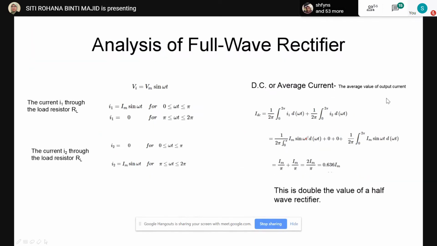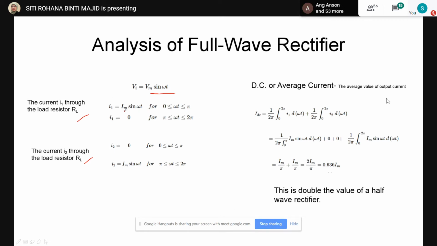We also can use simple mathematical analysis to discuss the full wave rectifier, because we know that the AC voltage we can write as Vi equals Vm sine omega t, and then we have current I1 and current I2 for the first half. For the second half, the signal is about the same.